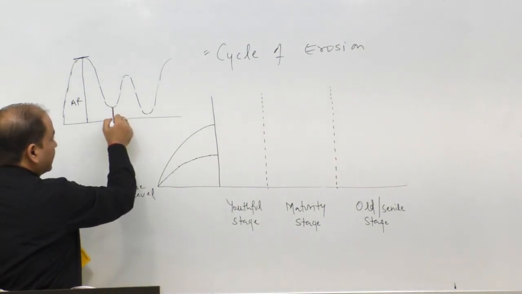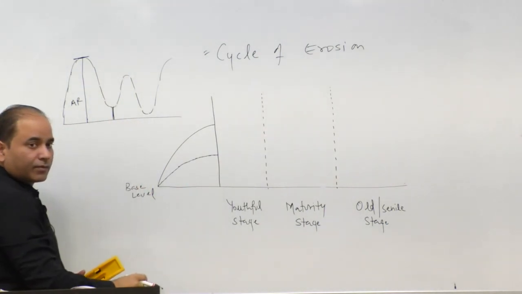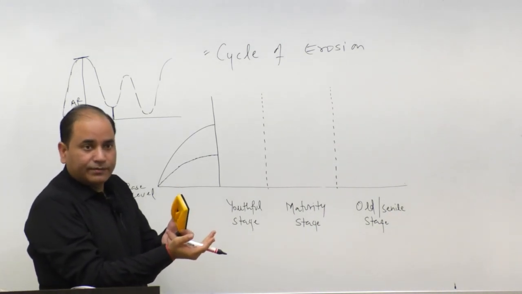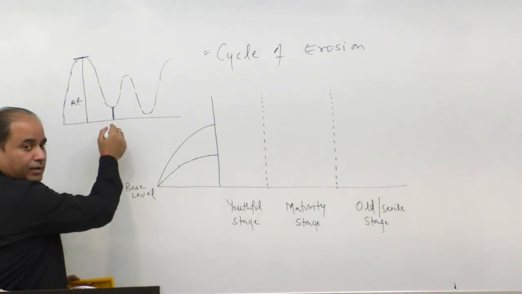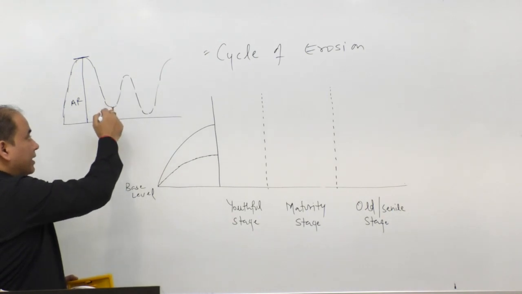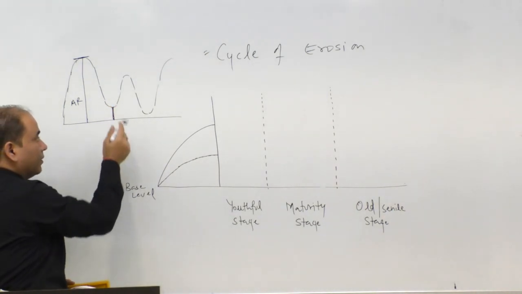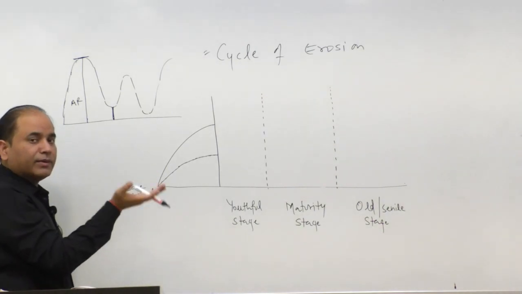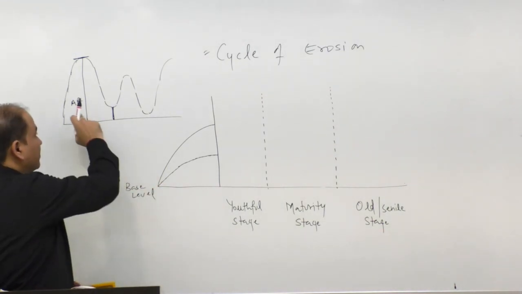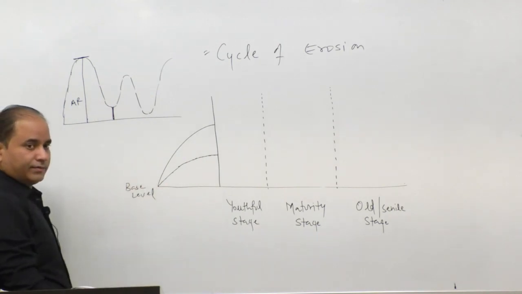Now this is the valley. From the base level to the floor of the valley, this is your valley height, or you can say valley relief. So this is mountain relief, this is valley relief.